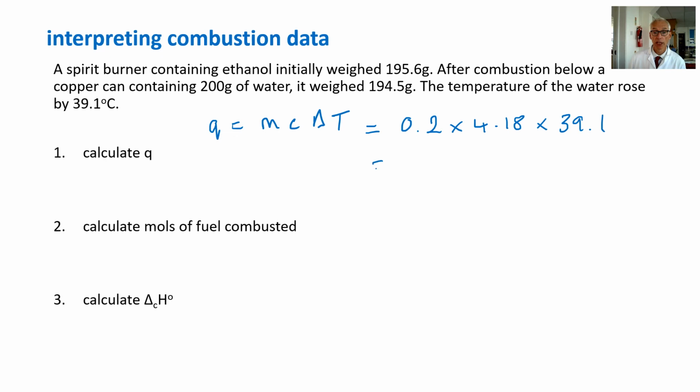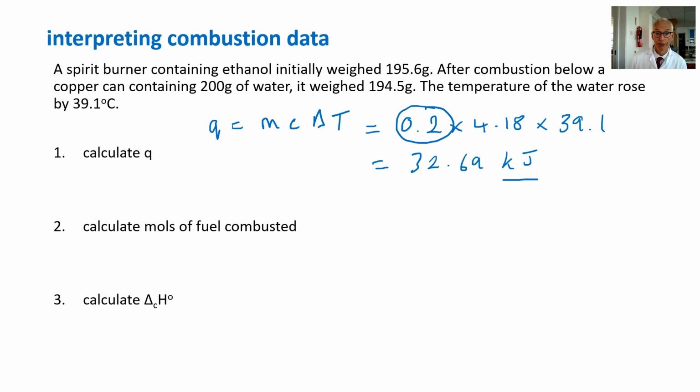Multiply that all together, it comes to 32.69 kilojoules. Because I put my mass into kilograms, the unit of energy comes out as kilojoules.